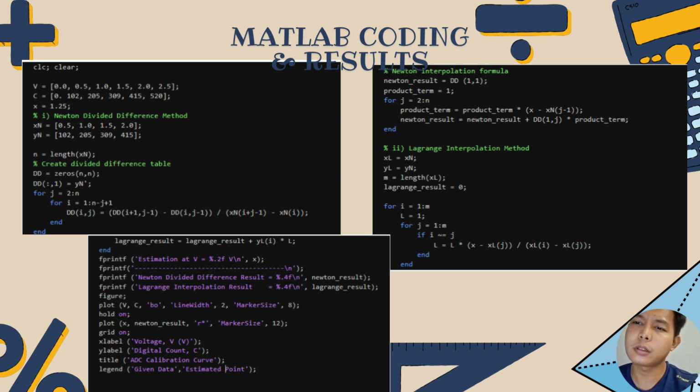For this question, we are examining an ADC, analog to digital converter, calibration scenario where we have a set of discrete measurements. Interpolation allows us to predict what the output should be for a specific input value that wasn't directly measured. In this example, we want to estimate the digital count for a voltage of 1.25 volts.